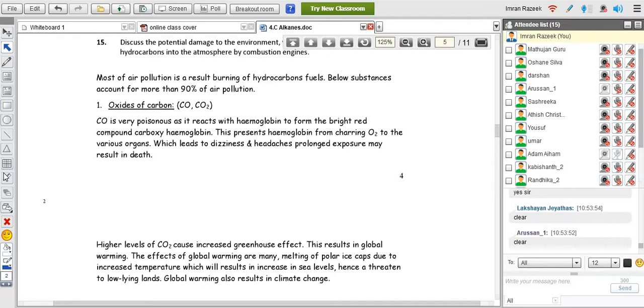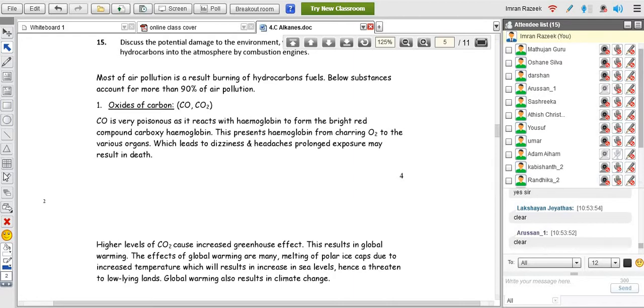For example, people have died inhaling carbon monoxide produced during incomplete combustion, especially people putting barbecues indoors. Barbecue is not to be put indoors, it has to be outdoors. Because indoors, when you put a barbecue, there will be more carbon monoxide than carbon dioxide produced, because there's less oxygen inside.